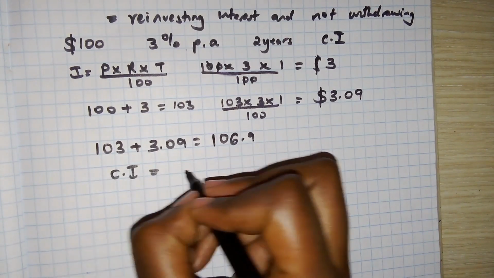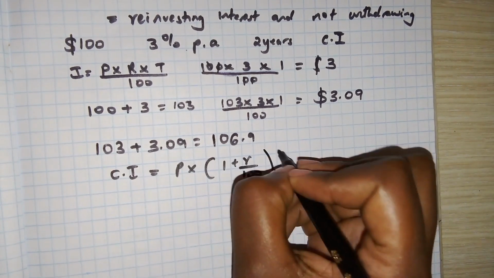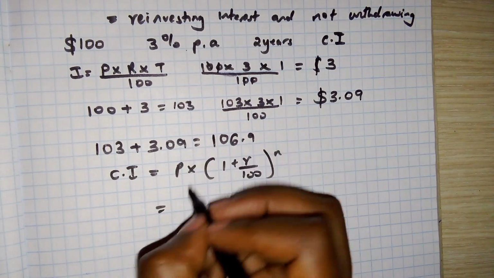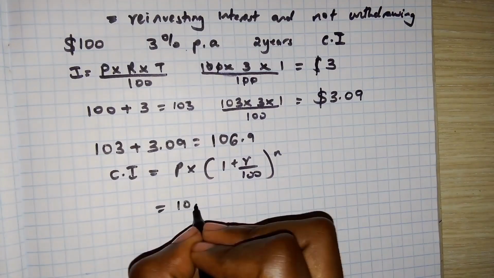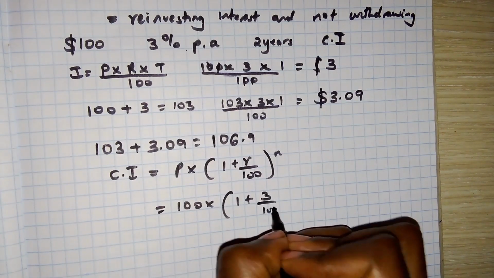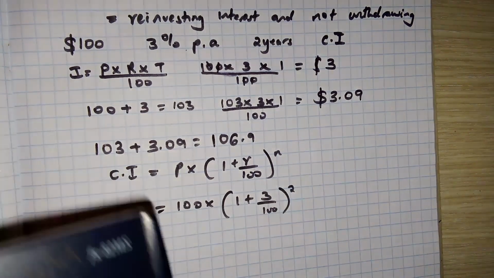CI, compound interest, is P times (1 plus R over 100) to the power N. So the principal was 100 times (1 plus, the rate was 3 over 100), and then you're investing for 2 years. So how much is that?